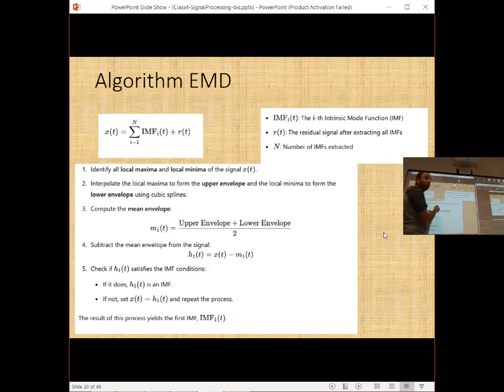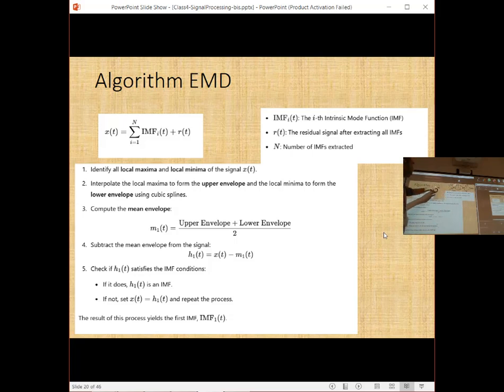I just follow the rules. So I do this, and upper envelope, and I want to do the same with the lower envelope. So this is called x up, and this is called x lower. Compute the mean envelope, m1 of t.